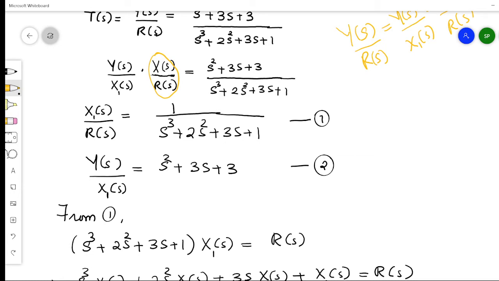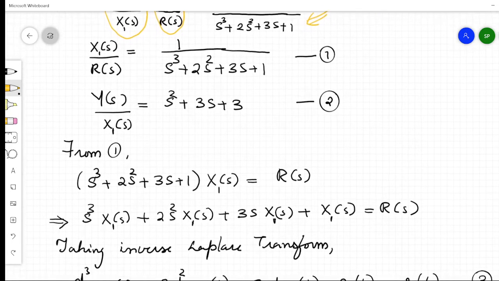That is one ratio. The second ratio, Y(s)/X1(s), I'll write as s^2 + 3s + 3. So we can see that I have separated the right hand side into the ratio of two polynomials.